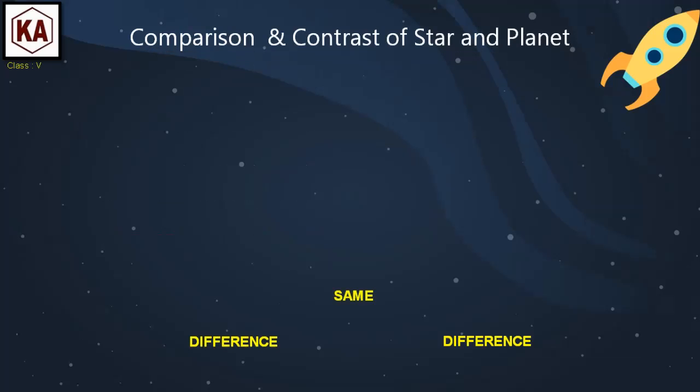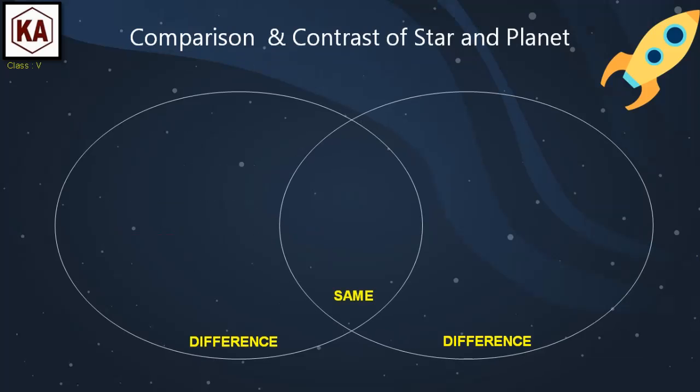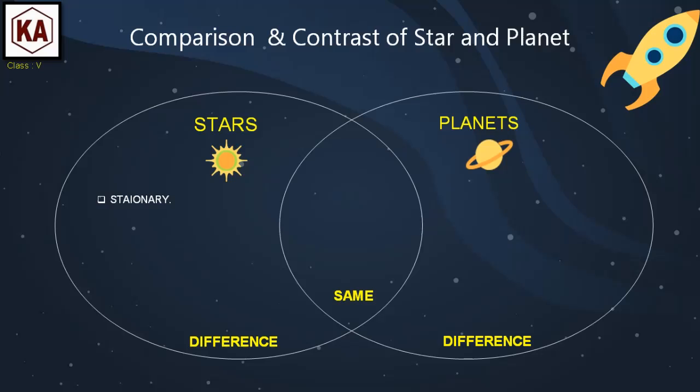Now, I have to tell you some differences and similarities between star and planets, and for that, I have used this Venn diagram. It might be helpful. Stars are stationary bodies. It means they don't move from their places. Whereas we all know that planets orbit a star.